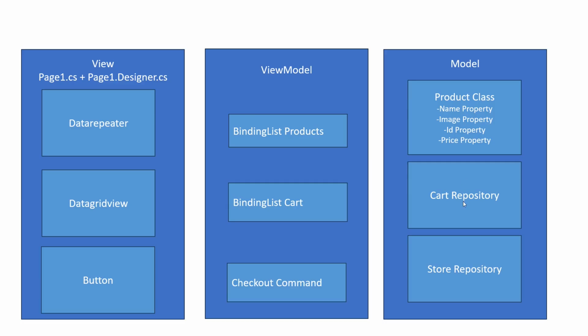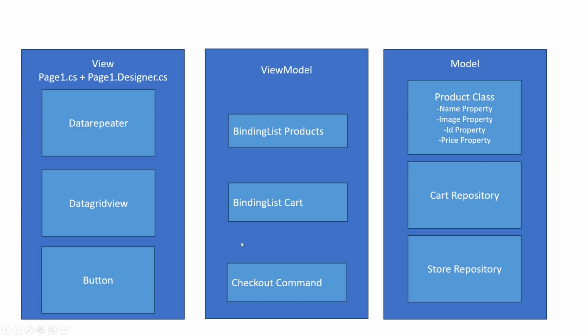And we also have the cart repository and the store repository, which contains the code to access the, quote, database. In our case, it's just a list, but in a more complex project, you might actually have a database that stores your objects of the product class.